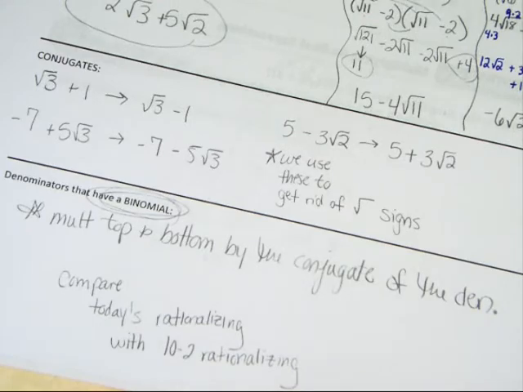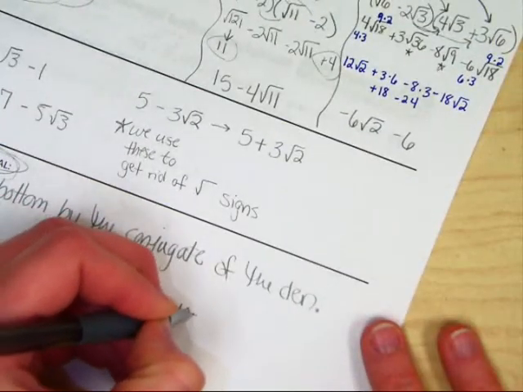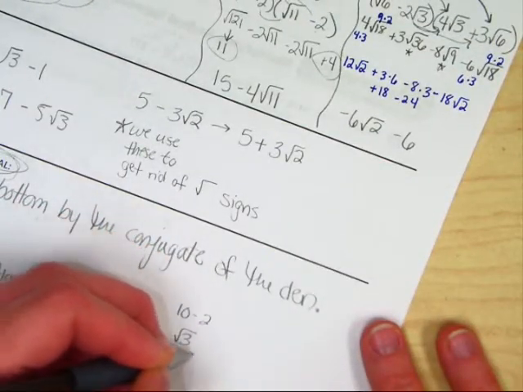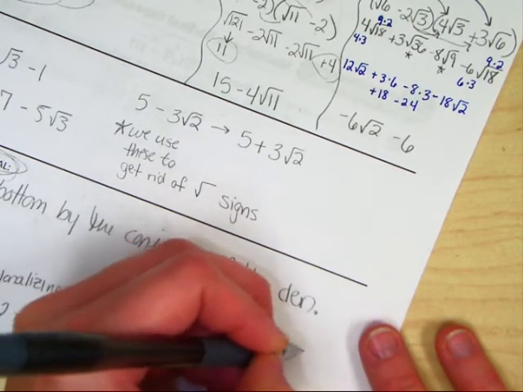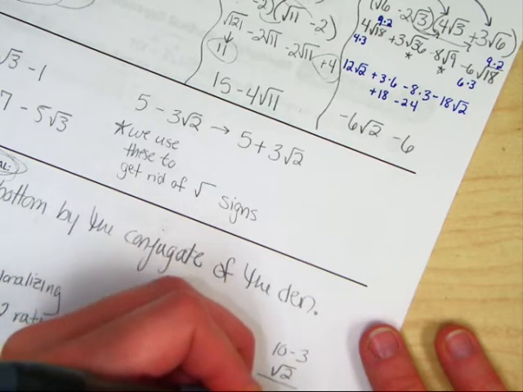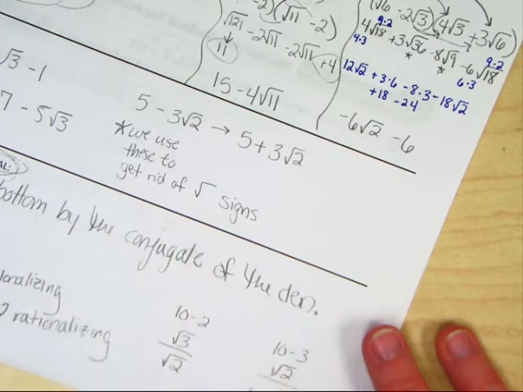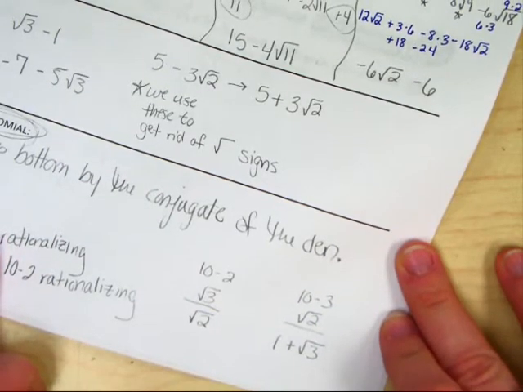That way you know when to use what. Well, actually let's do an example. This would have been section 10-2. A problem where you have the square root of 3 over the square root of 2. Today you're going to have something like the square root of 2 over 1 plus the square root of 3. The denominators today are going to have a binomial.